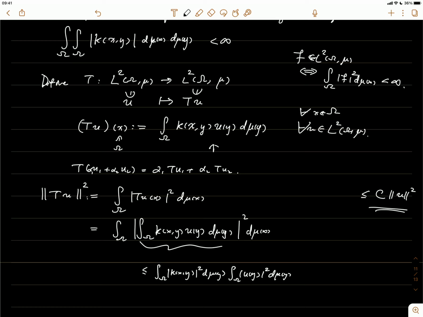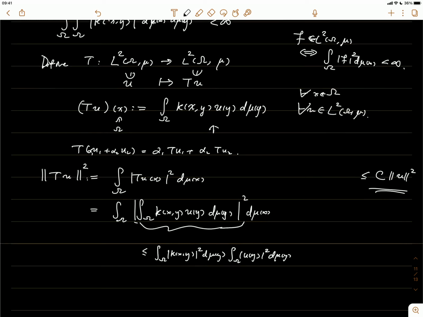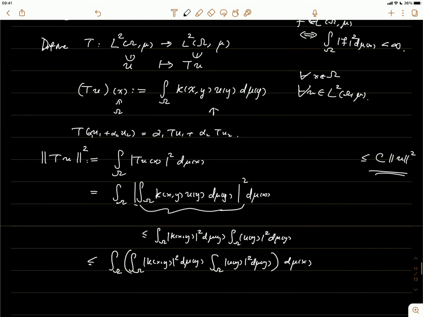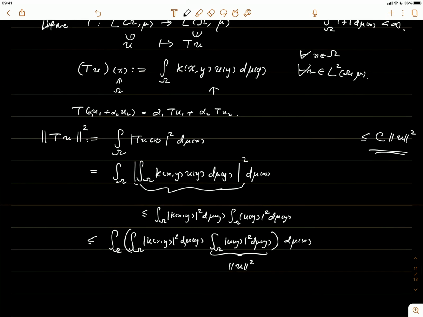I have a square root, but I have the square outside, so the square root is cancelled. So this is less than or equal to the integral of the integral of K(x,y) squared d mu y times the integral of u(y) squared d mu y, times d mu x. Now the second factor is independent of x, so I can pull it out as a constant, and that is equal to the square norm of u.